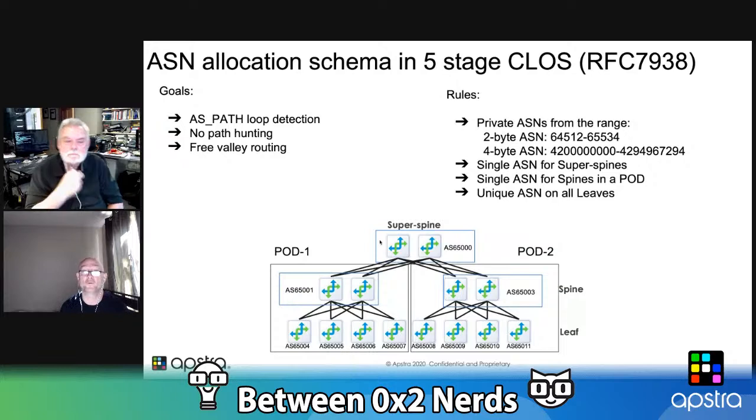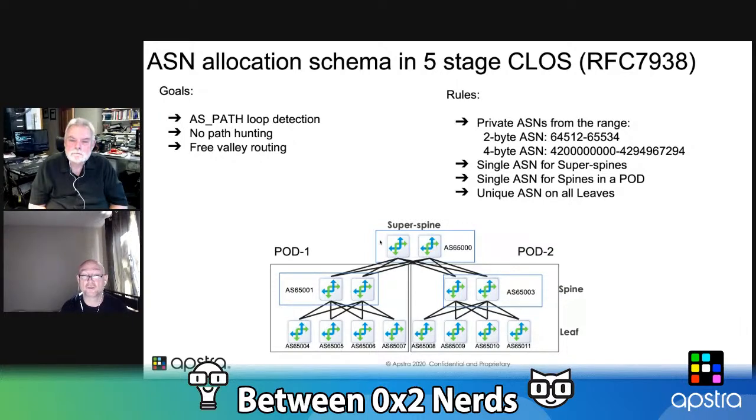So hopefully we convinced you to use an ASN allocation scheme where every leaf has its own ASN, all spines in the pod share an ASN, and all super spines share an ASN. What it gives you is the ability to stop routes, because when you reflect a route back to the spine layer, it sees its own ASN and blocks.